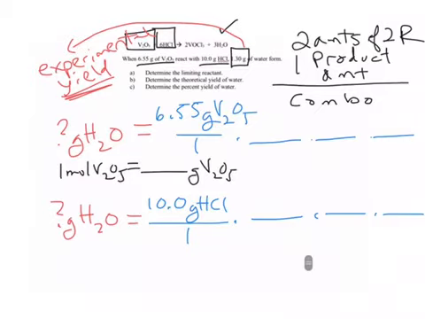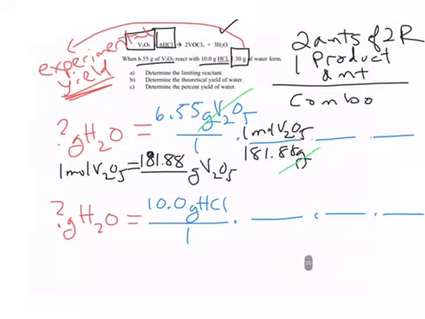So the vanadium oxide is 181.88 grams per 1 mole. So we have 1 mole of V2O5 on top and 181.88 grams in the denominator, and that means our grams of V2O5 will cancel.